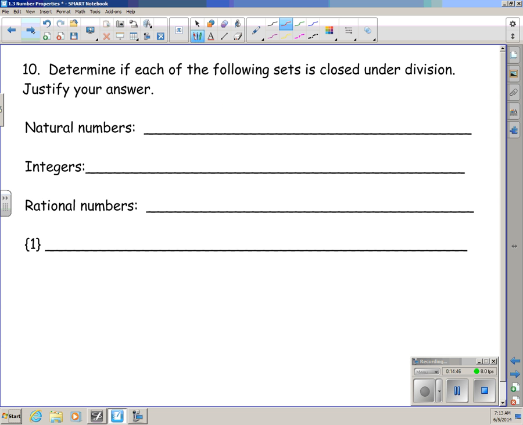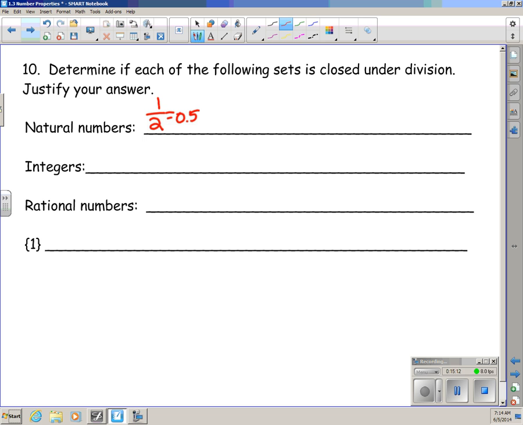Okay, determine if each of the following sets is closed under division. Justify your answer. So natural numbers, well, this is an example we just talked about on the multiple choice. When you divide natural numbers, do you reproduce natural numbers? Answer is going to be no. Give me an example. Well, if I take 1 and divide it by 2, I get 0.5, which is not a natural number.